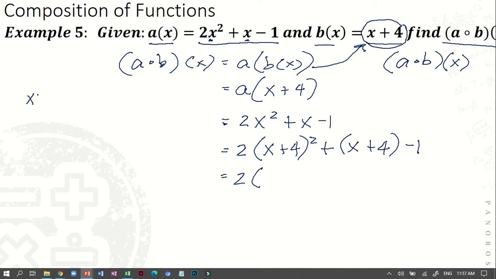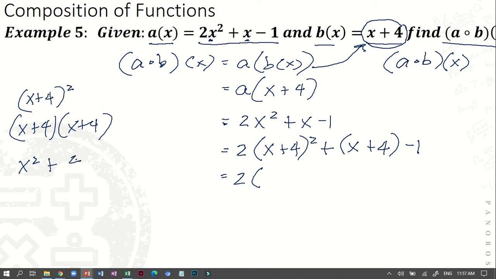So we have here x plus 4 to the second power. So x plus 4 times x plus 4. We have x times x, we have x squared. And then outer, 4 times x, 4x, plus inner, plus 4x again.